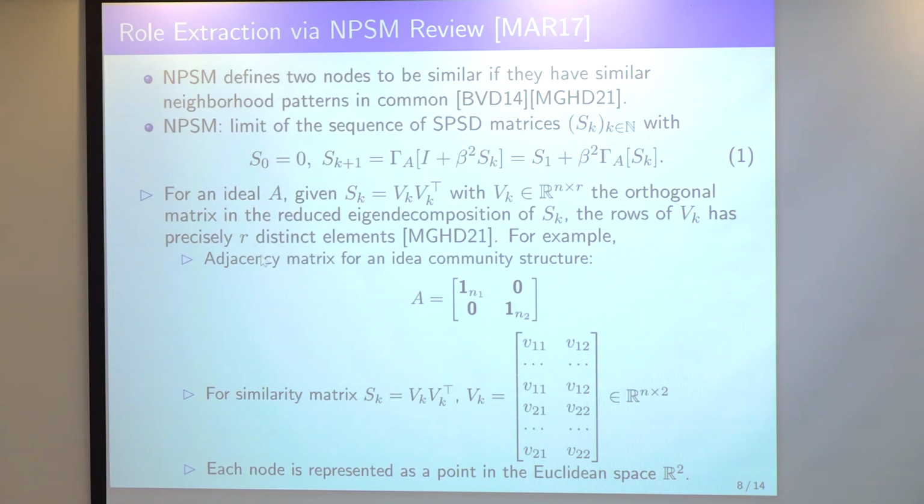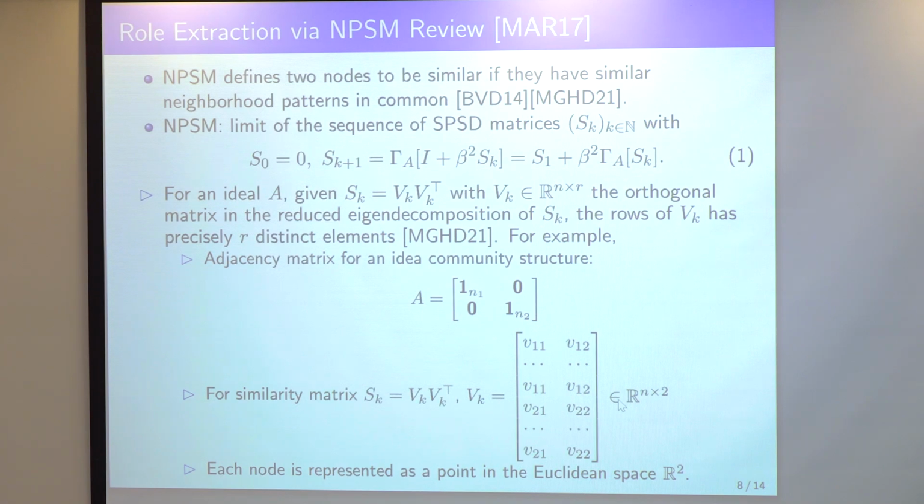R is the number of groups we have. Like here, we can write this as Vk transpose, and the first several rows are the same, and the second several rows are the same. So those same rows represent one group.